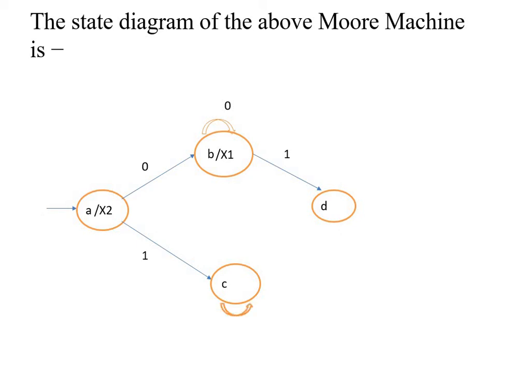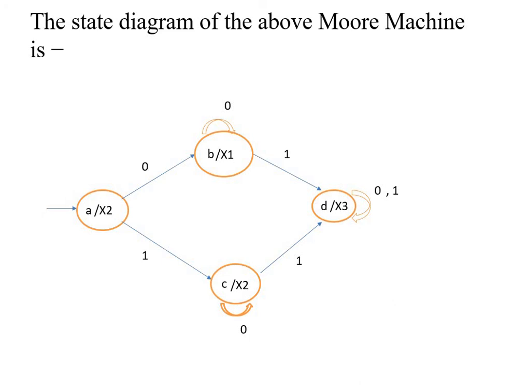Now C on 0, state C and output is X2. C on 1, D, output is X2. D on 0, state D and output is X3. D on 1, D and output is X3.